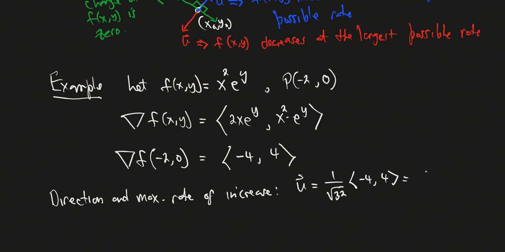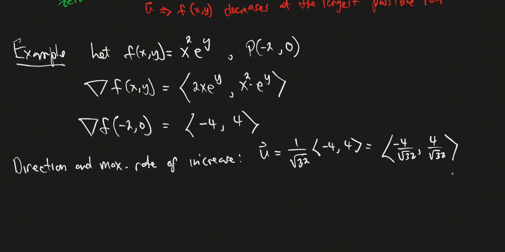If my u is equal to this vector, then my surface will observe the largest possible rate of increase. And what is that maximum rate? The maximum rate will be the magnitude of the gradient, which is root 32.